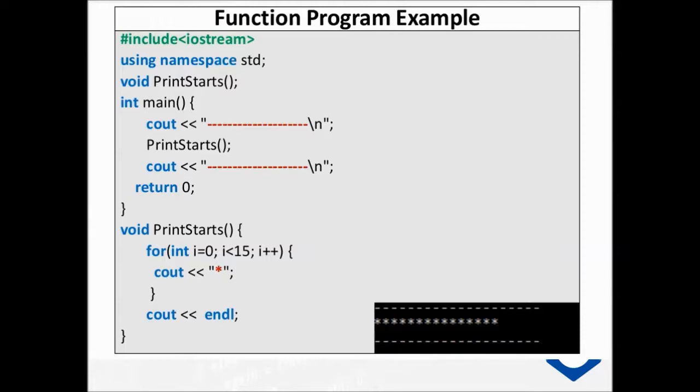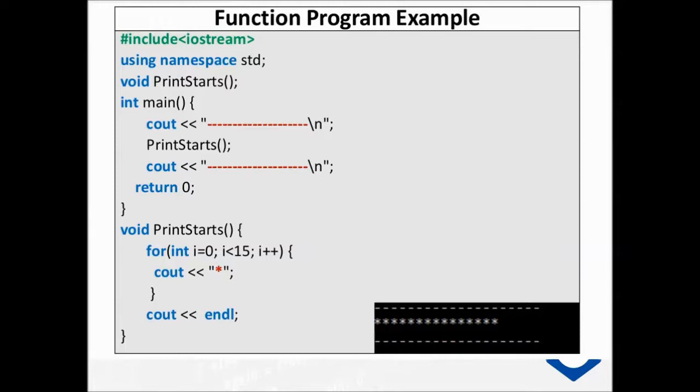Then we write our main program. In our main program, first of all, we use cout to write a dashes line above the stars. Then we call our function printStars. Similarly, after calling the function in the main program, we write another line, and then we end the main program.